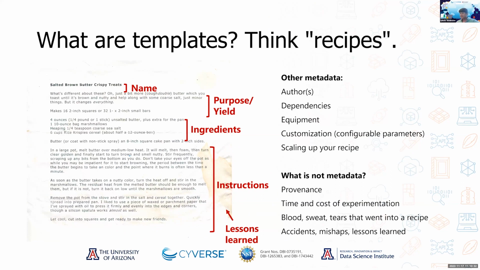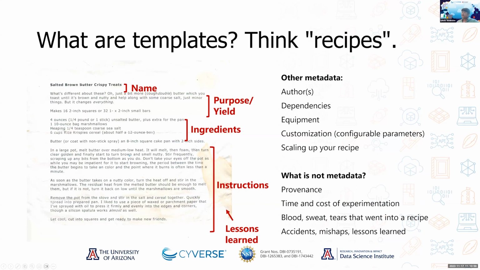Recipes also have a lot of other metadata that may be associated with them. Obviously, who created it? What are its dependencies? Like if you're making tiramisu, for example, you might need ladyfingers, and then there might be further instructions about creating that. But I think the important part is that as recipes grow over time, there's that sense of customizing and scaling up your recipe to suit your needs.